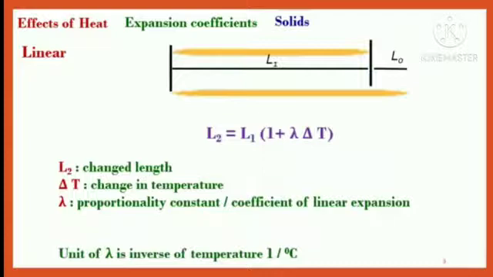Here L2 is the changed length, delta T means change in temperature, and lambda is the proportionality constant, otherwise called the coefficient of linear expansion. The unit of lambda is the inverse of temperature, 1 per degree Celsius.